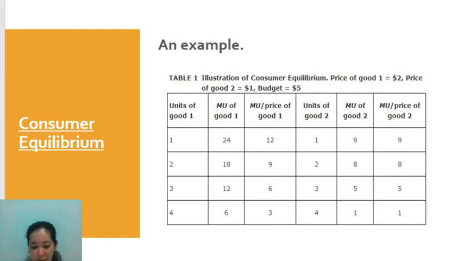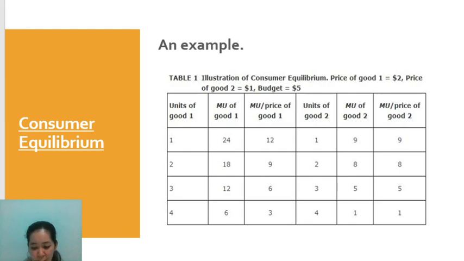So because these ratios are equal, the second unit of good number 1 and the first unit of good number 2, in this case she will purchase both.